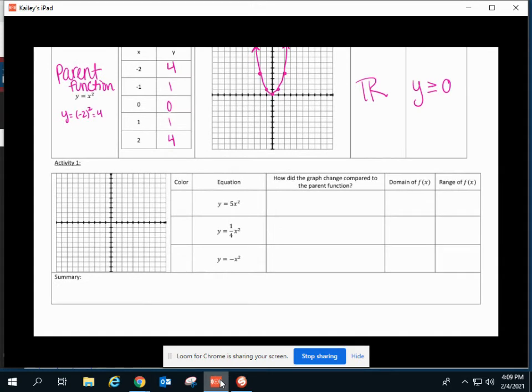So in this first activity, activity 1, labeled here, we are going to be talking about the transformation that happens in position A of our transformation form. So we are talking about this A right here in the front.